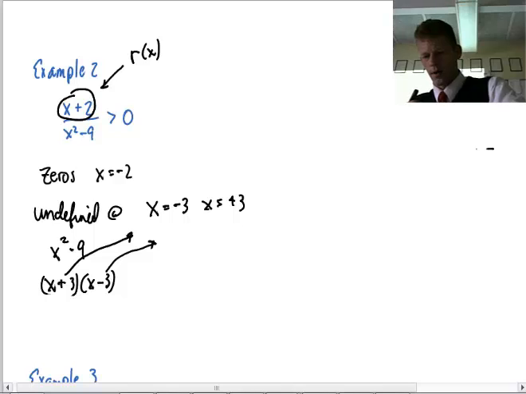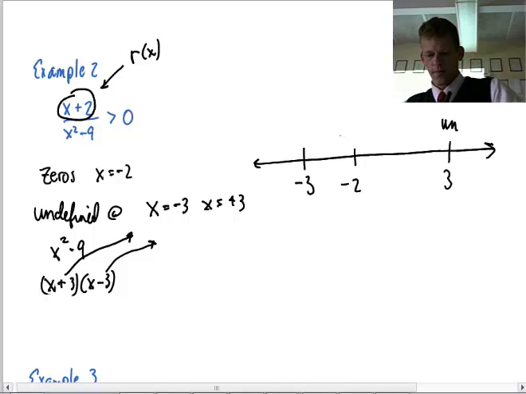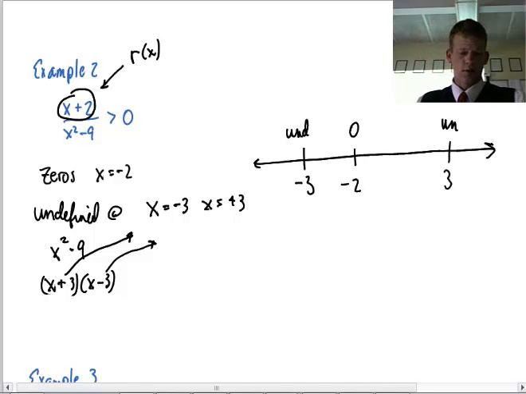So I'm going to draw up a number line just like I did before. This time I'm going to try to make a little bit more room. I'm going to have -3, -2, and 3. Actually, this is undefined, this is undefined, and this is a 0. I'm going to interval test.